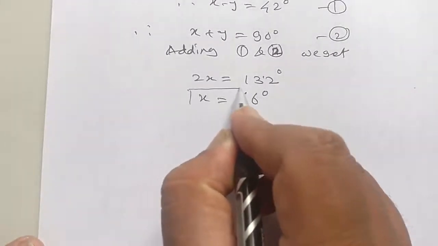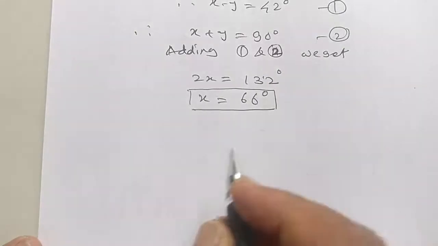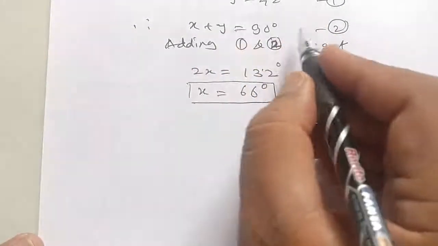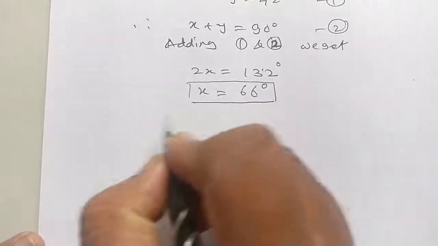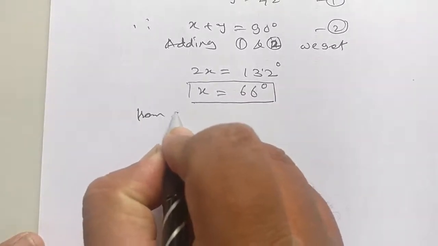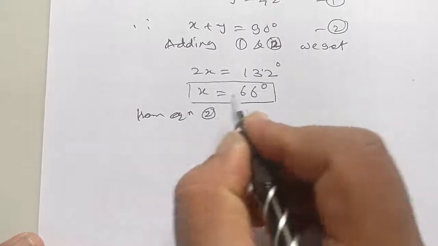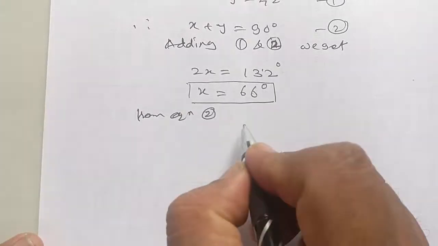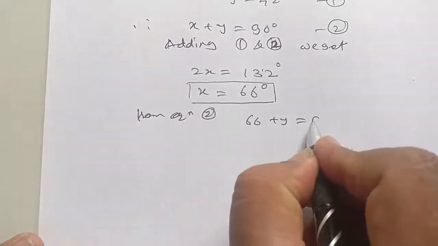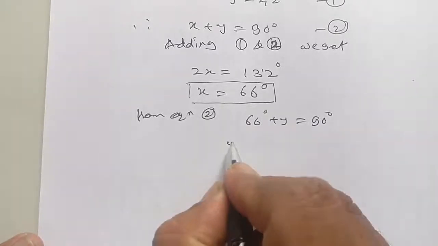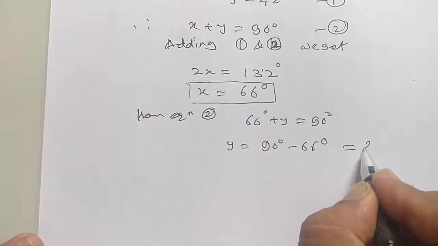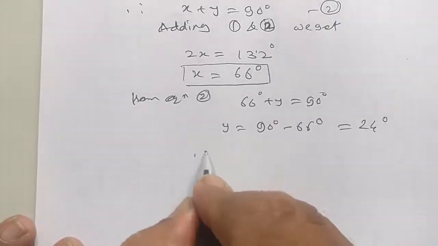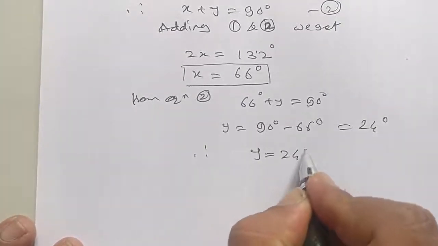We get the one acute angle 66 degree. From equation 2, putting the value of x is equal to 66, plus y is equal to 90 degree. So y is equal to 90 degree minus 66 degree, it is 24 degree. Therefore, y is equal to 24 degree.